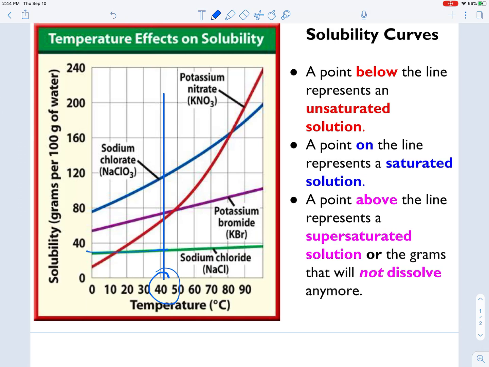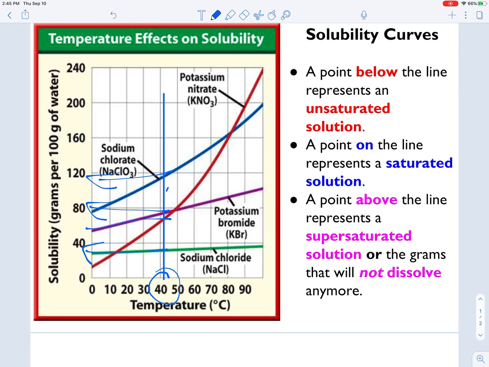So I can go to the green line, I can go across, and I can see how much is going to dissolve at 40 degrees. I can go to any one of these, and I can figure out, according to what the y-axis is telling me, how much is going to dissolve at 40 degrees. If I go to 90 degrees and I go up, you can see the numbers are going to be higher. More can dissolve at 90 degrees.